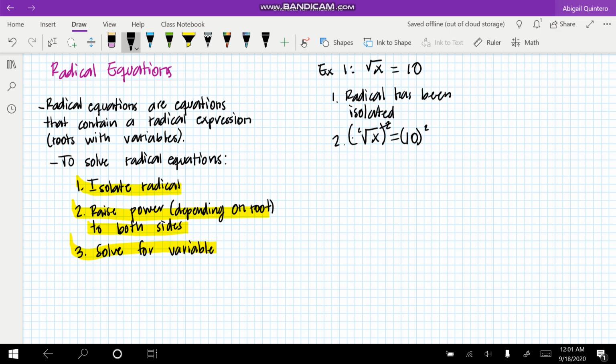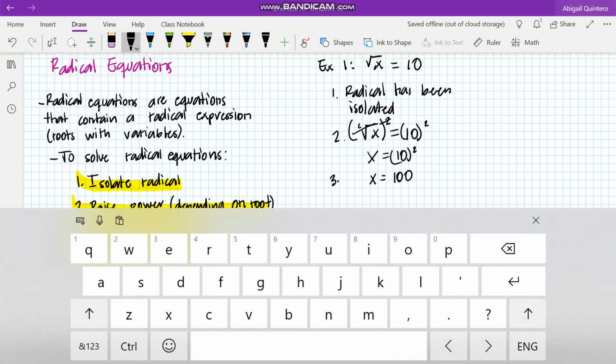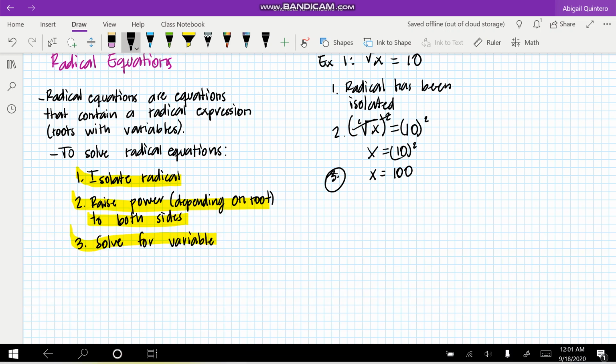So this and this go away, and we end up with x equals 10 to the second power. So x equals 100. And then that is the solution for this particular problem.